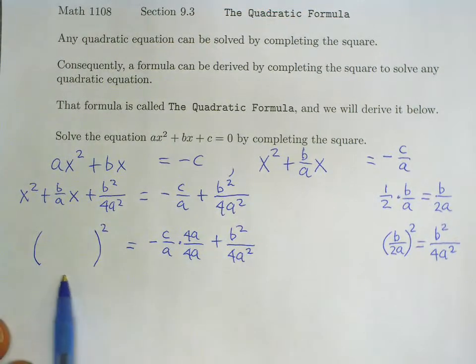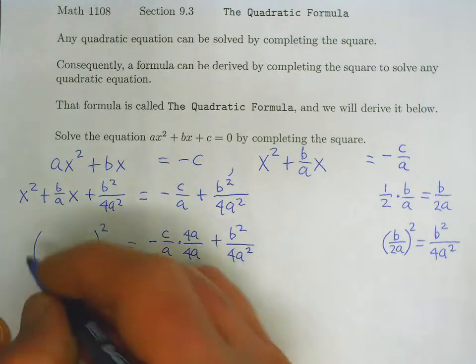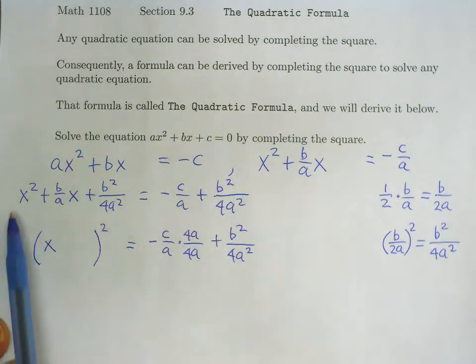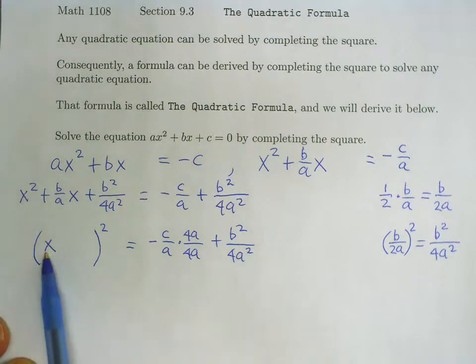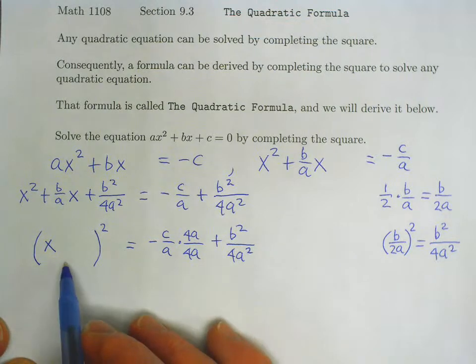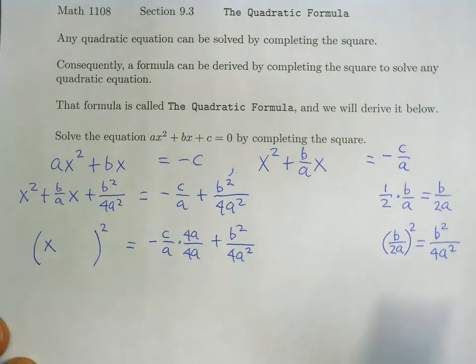Okay, so the binomial squared, the binomial has to have x because the perfect square trinomial has x squared, and x times x is x squared. So we determine what follows the same way that we did when we were using the completing the square method with actual numbers.